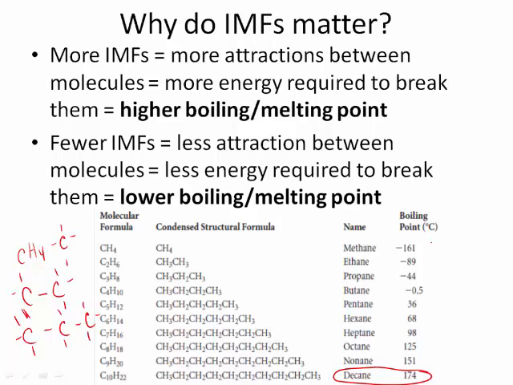So you can see as you go down, notice how the boiling point continues to go up, and these long chains, like you see here with decane, have the highest boiling point because you'd have the most dispersion forces. Because of that, you're going to have the highest melting and boiling points with decane versus your short ones like methane, which have very, very low boiling points and very low melting points as well.